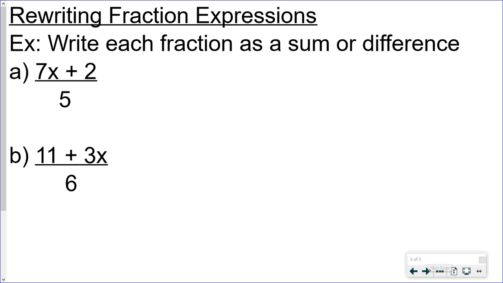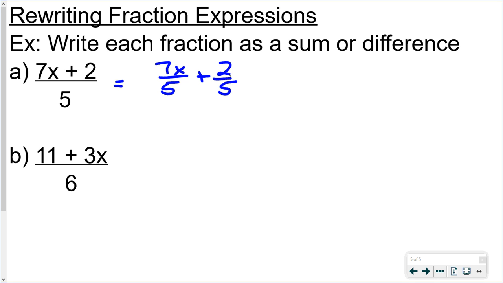All right, the last piece I want to show you is rewriting fraction expressions. And this becomes important later on in algebra. So basically, all we're going to do is tear this apart. We're going to break it into two pieces. 7x plus 2 divided by 5 can be written as 7x over 5 plus 2 over 5.